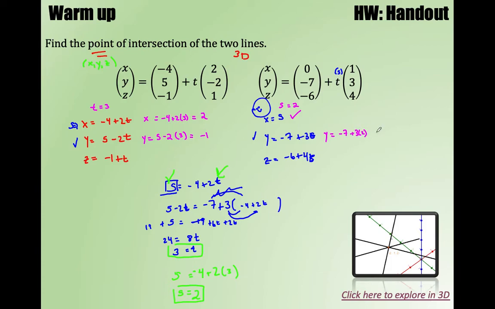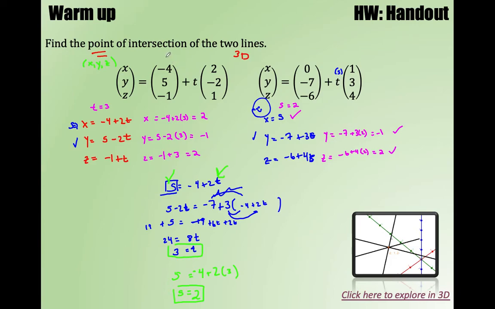I also get negative 1. Check. Lastly, z is equal to negative 1 plus 3, which gives me 2. Double check that over here everything works out, and I get negative 6 plus 4 times s, which is 2, and that's 8 minus 6, which is also 2.